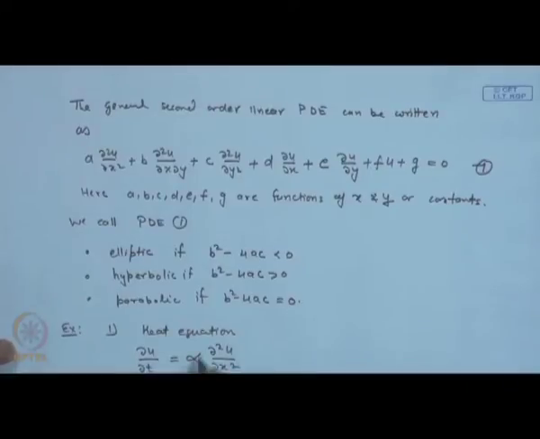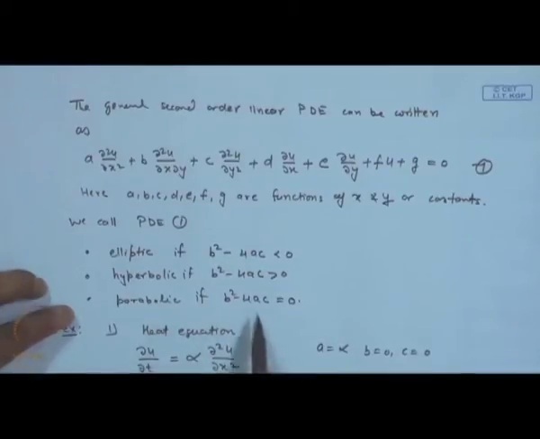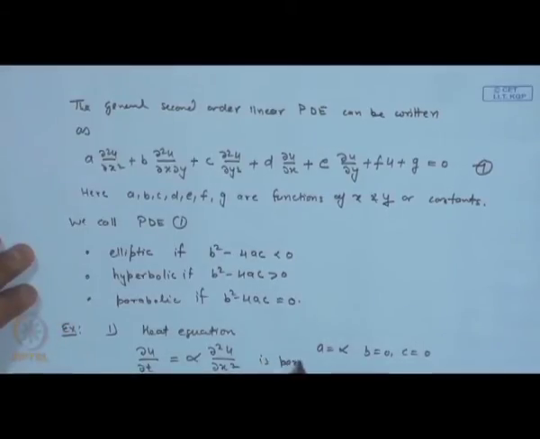Here a is alpha, and we have b 0 and c 0. So b square minus 4ac is 0, and this equation is parabolic. This was the example of a parabolic equation.